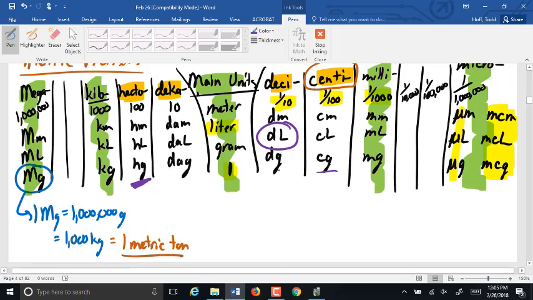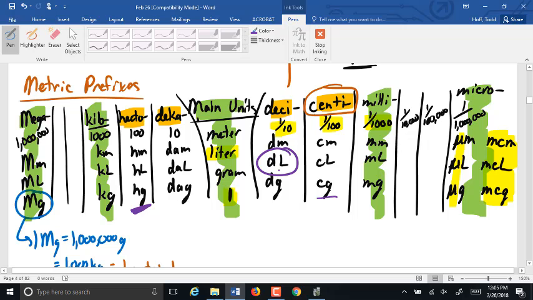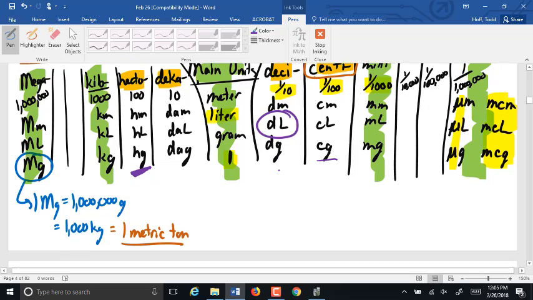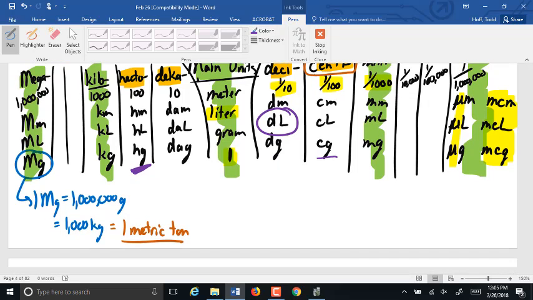So let's look at doing some conversions within the metric system. Now, in the metric system, we could still use that dimensional analysis that we talked about above, if I wanted, but we tend to run everything through that main unit.